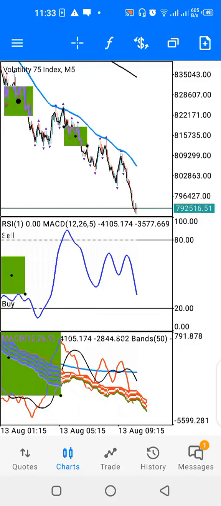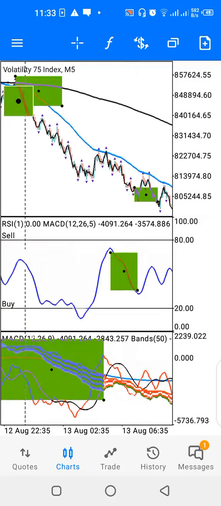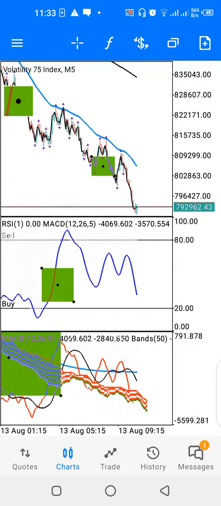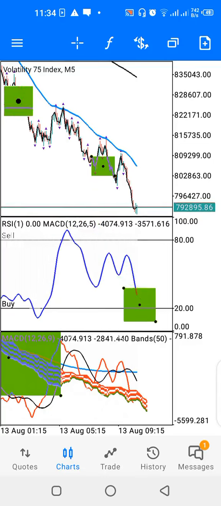So price is sliding on the main window. Also for indicator window 1, the blue line went up above the 80 and it ticked downwards. As it drops below the 80 level, you can see price starts to go downwards.